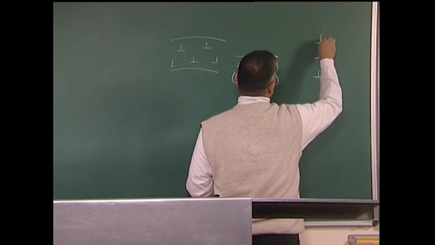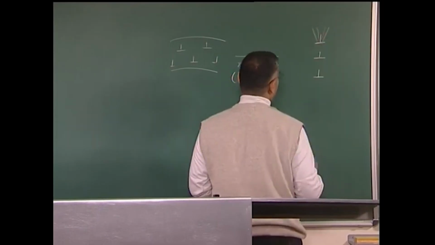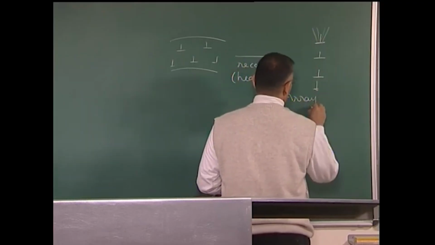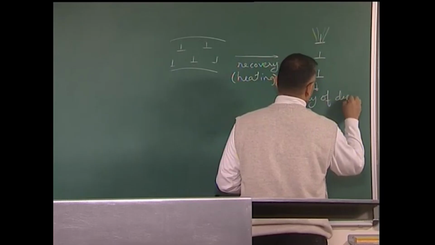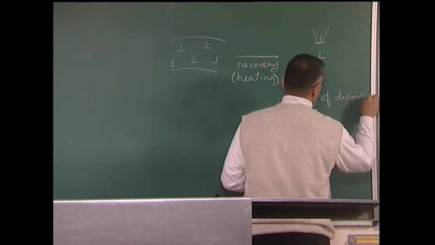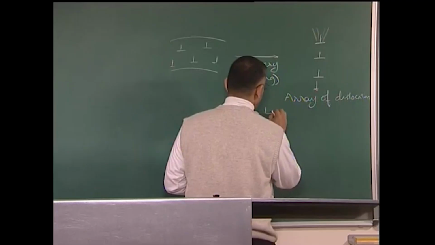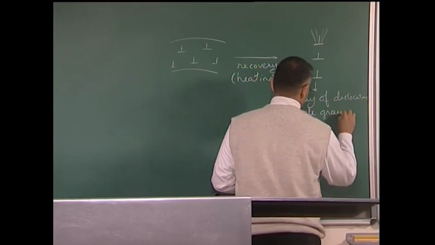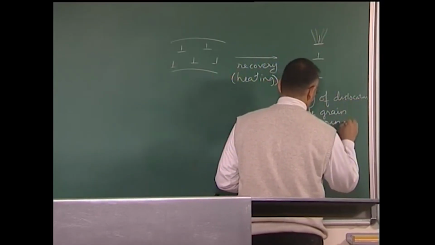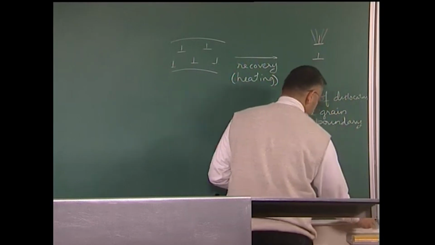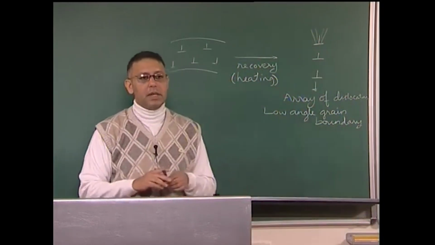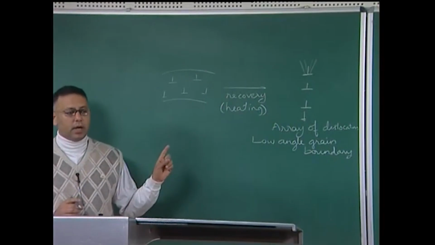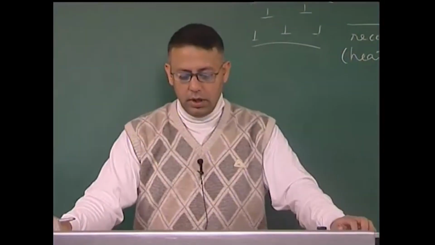So, there will be a slight misorientation in the angle between the two sides of the plane, and this is now an array of dislocations forming a low angle grain boundary. We had considered this example before. Therefore, this is possible through thermal activation, but also equally importantly by the interaction or the long range stress fields of the dislocations.